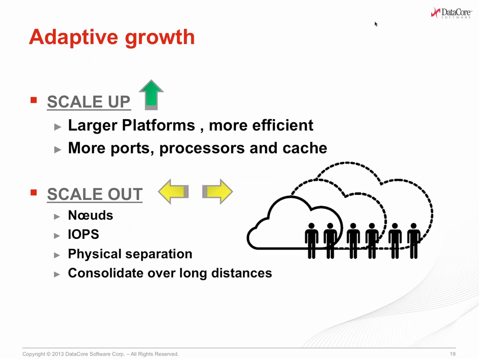Because we are software, we are capable of adapting our behavior according to your setup, your layout. It means we are capable of scaling up. We can go to larger platforms and more efficiency because you will have more ports, more processors, more cache, more RAM in the DataCore servers. But if you want to scale out, you can add more nodes. We can go up to 8 nodes now with the latest DataCore version.